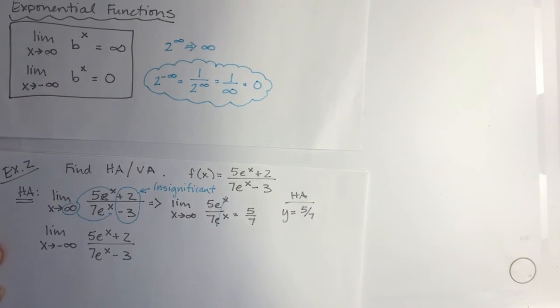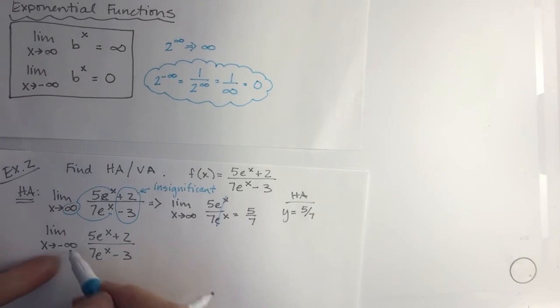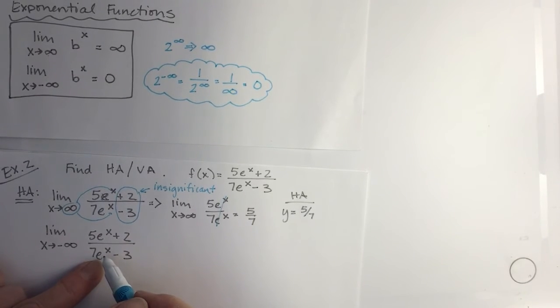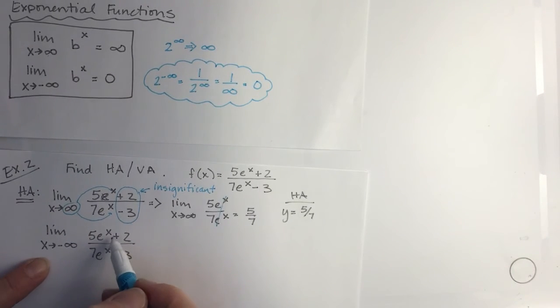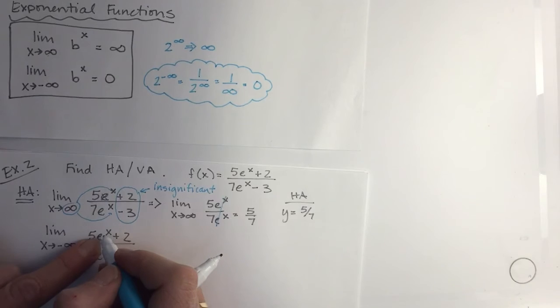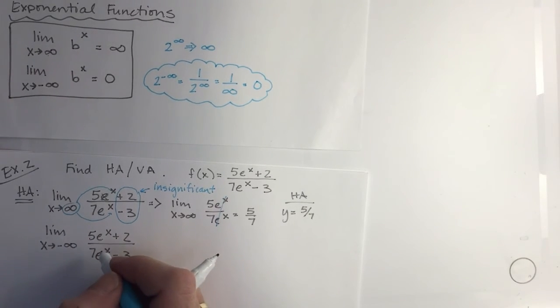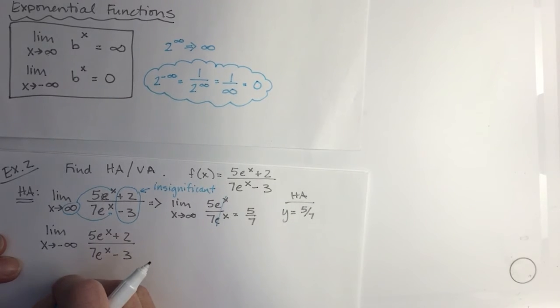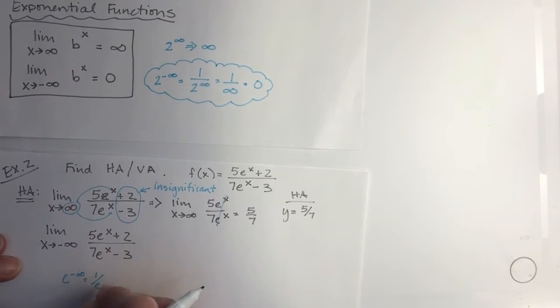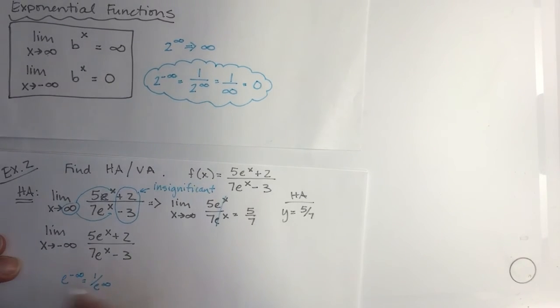Okay, and we know something different is going to happen when we go to negative infinity here, right? So we're going to plug in negative infinity. Now, these two numbers go to 0 because this will be 1 over e to the infinity. Remember that e to the negative infinity is equal to 1 over e to the infinity, which goes to 0.